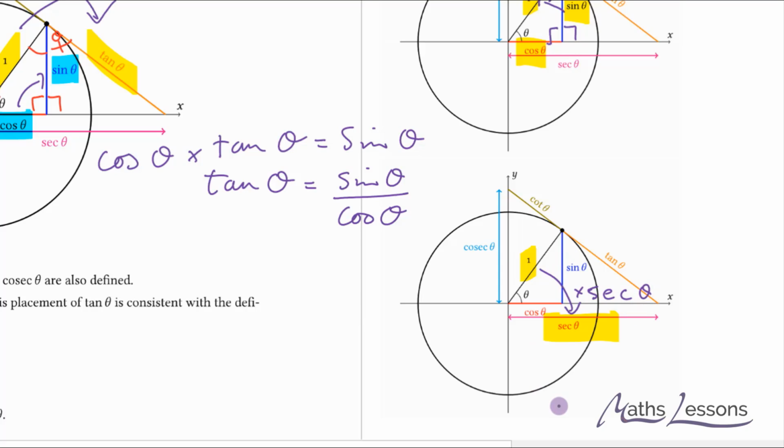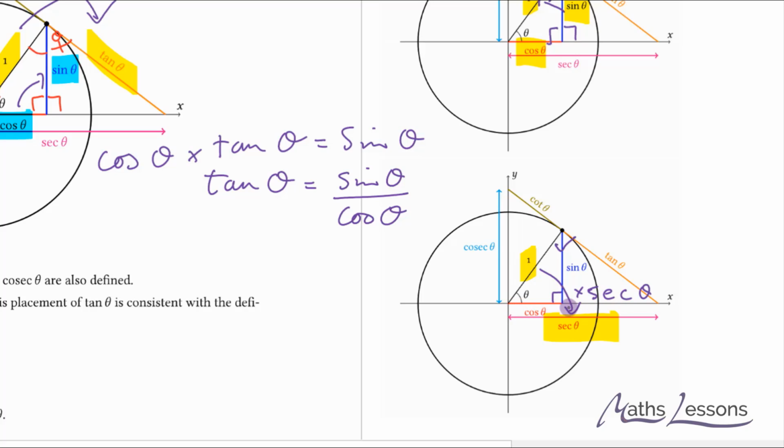Okay, now to keep things simple, 1 is my base of this triangle, and it's on the theta side and the 90 side. Now the theta side and the 90 side of the small triangle is the cos theta. So when we're going from this triangle to this triangle, the 1 corresponds to sec theta.